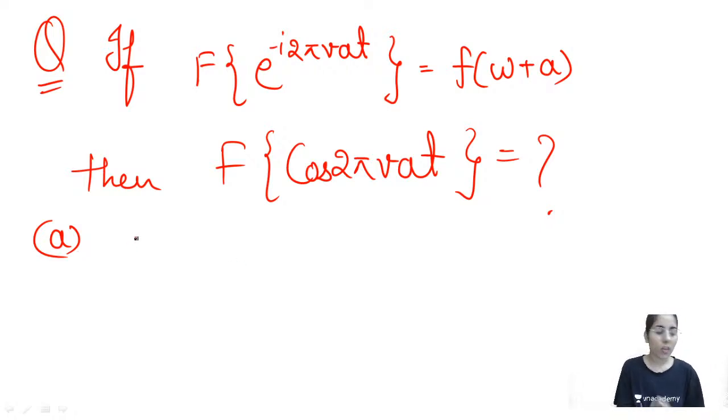So here are the options. Please try it once and let me know once you get the answer.